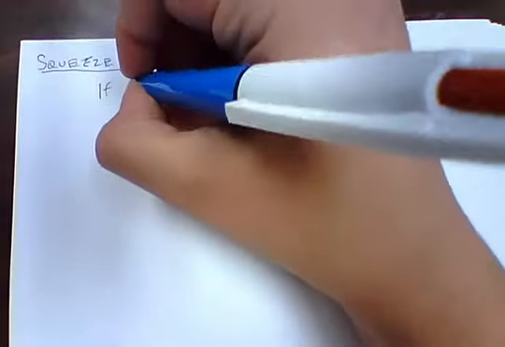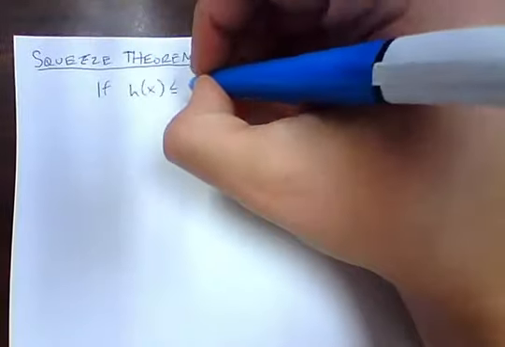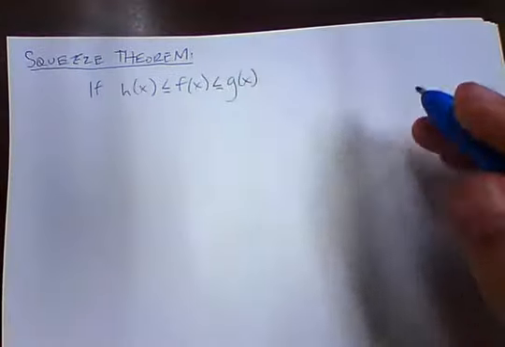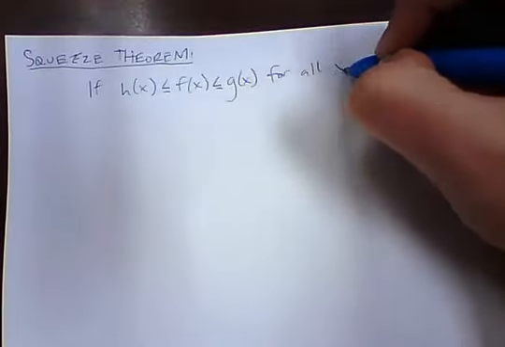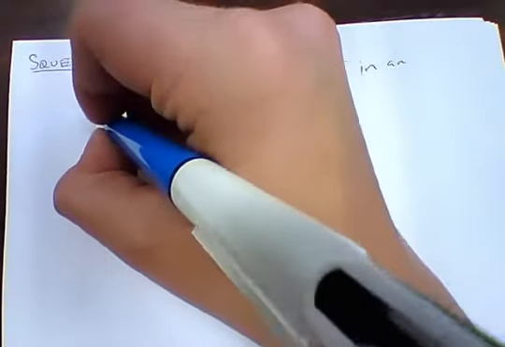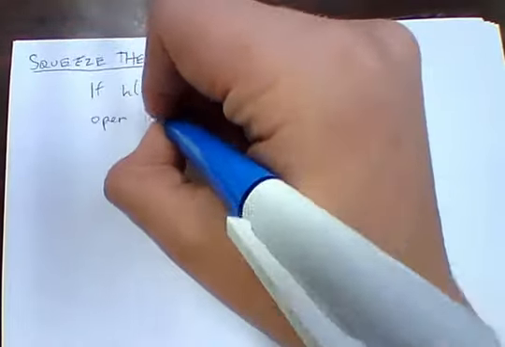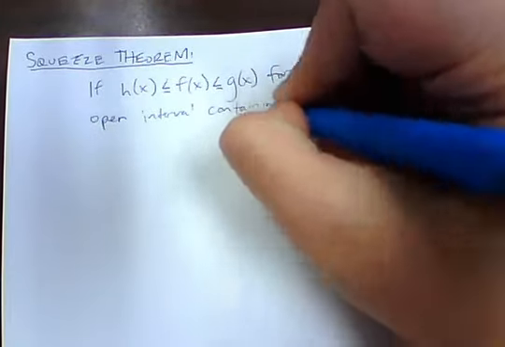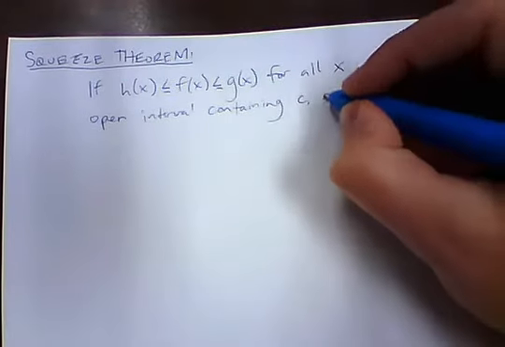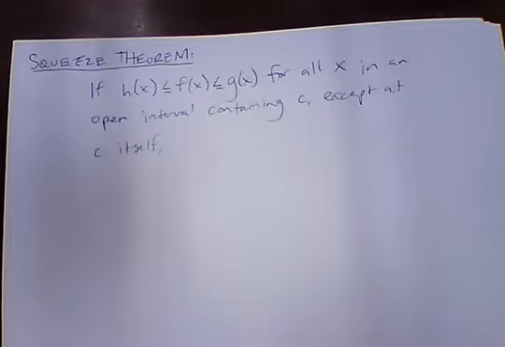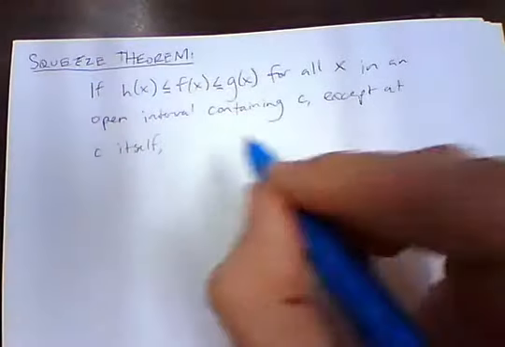So if h of x is less than or equal to f of x is less than or equal to g of x for all x values in an open interval containing C, except at C itself. So it doesn't have to be there at exactly C.